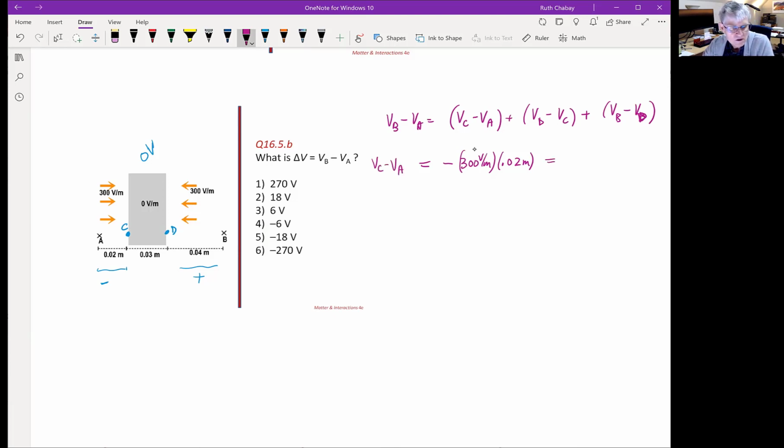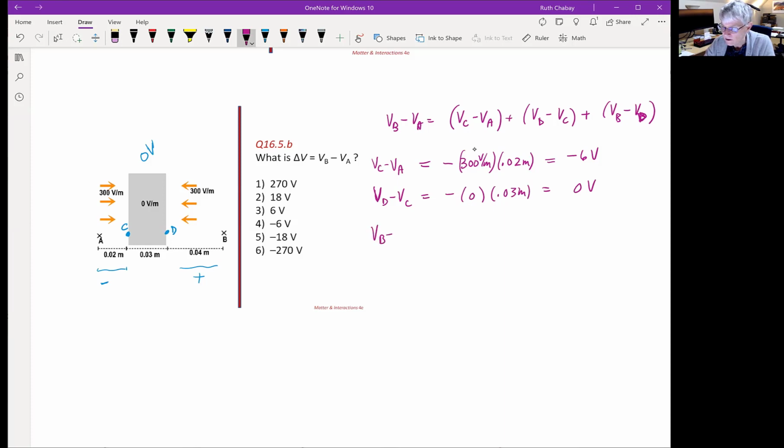And so that gives us 3 times 10 to the 2, 2 times 10 to the minus 2, gives us a negative 6 volts, right? And that makes sense because we're going with the field. VD minus VC is equal to minus 0 times 0.03 meters. So that's going to be 0 volts.